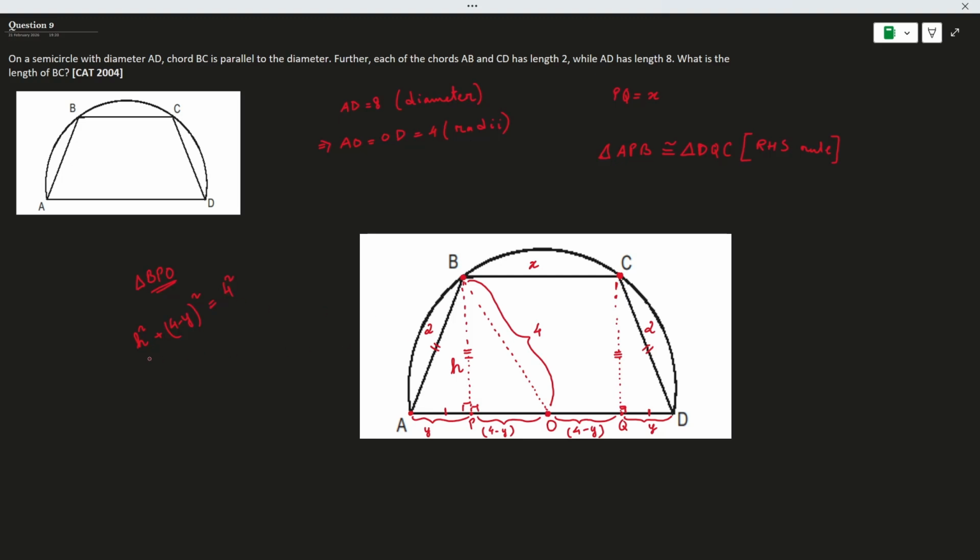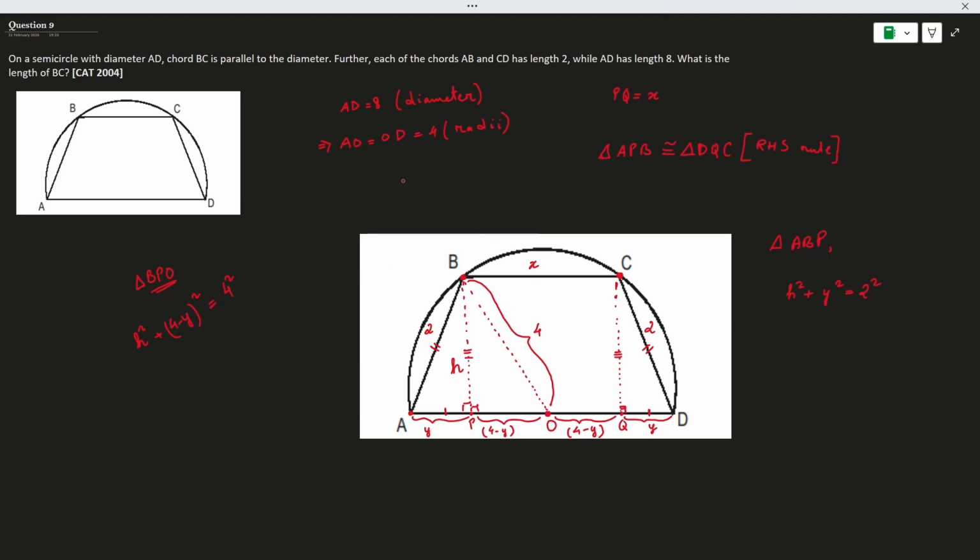And in the second equation, if I look at triangle ABP, I can say h square plus y square is equal to 2 square, Pythagoras theorem. Okay, now I have two equations and two variables, so I can find the value of h and y.